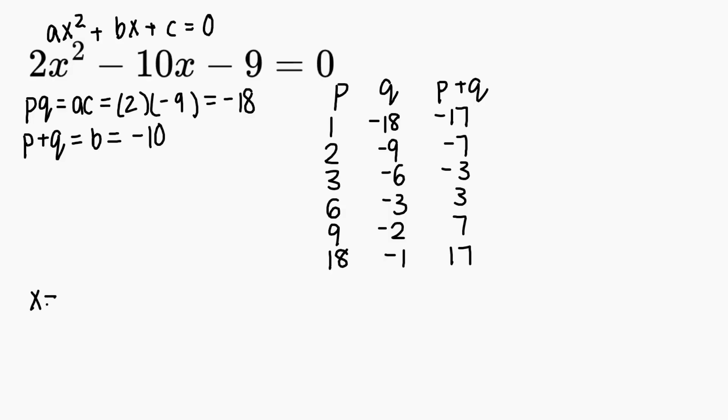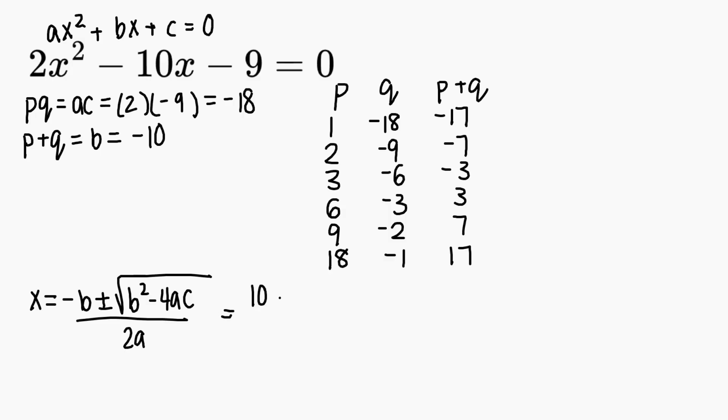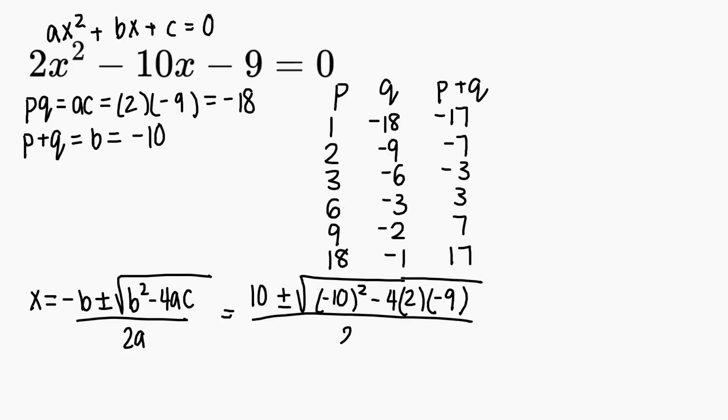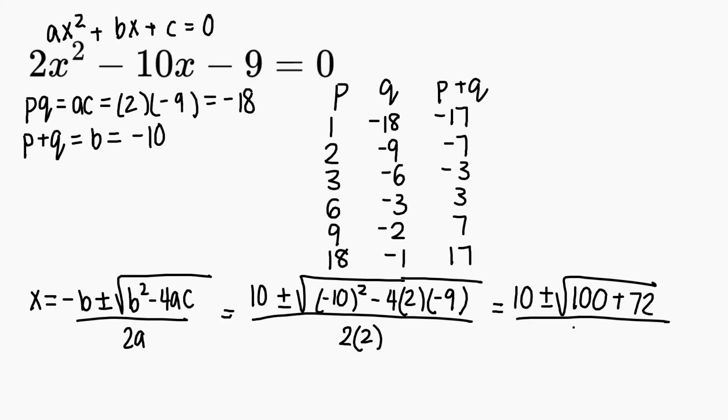So, x equals -b plus or minus the square root of b squared minus 4ac over 2a, which is equal to 10 plus or minus the square root of -10 squared minus 4 times 2 times -9, over 2 times 2, which is equal to 10 plus or minus the square root of 100 plus 4 times 2, which is 8, times 9, which is 72, divided by 4.